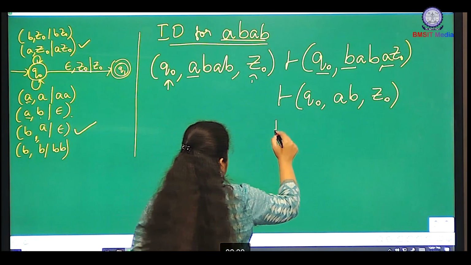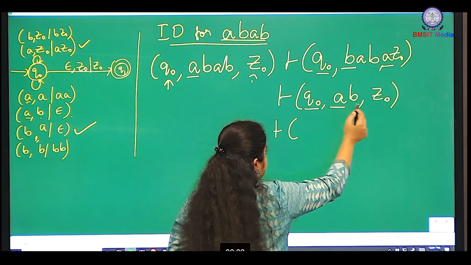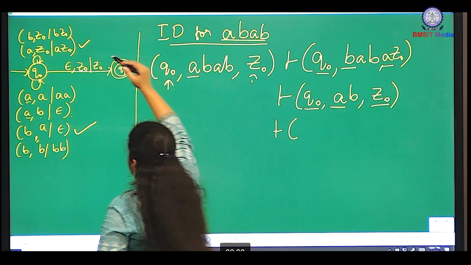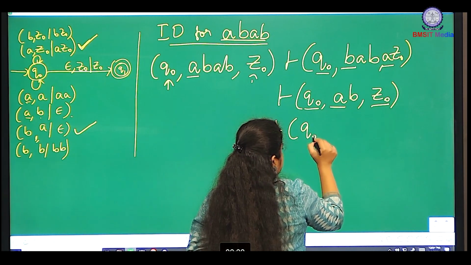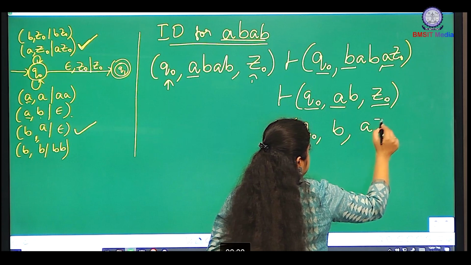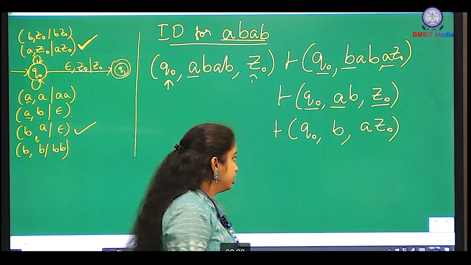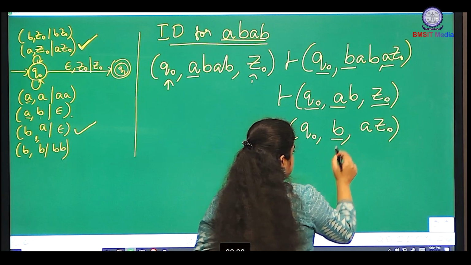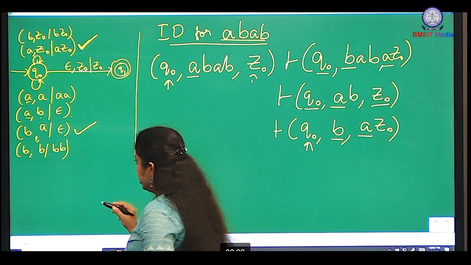Again, Q0 is the current state, A is the input symbol and Z0 is the stack element. You again perform this particular operation. You stay in the same state Q0, the remaining string is B, and the stack is A, Z0. You push A to the stack. Now you are reading B as the input symbol, A is the stack element, Q0 is the current state.